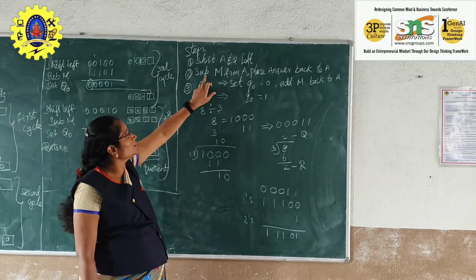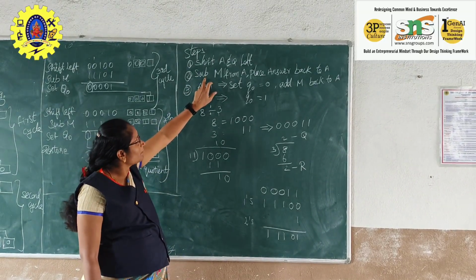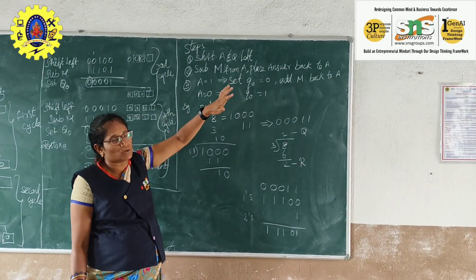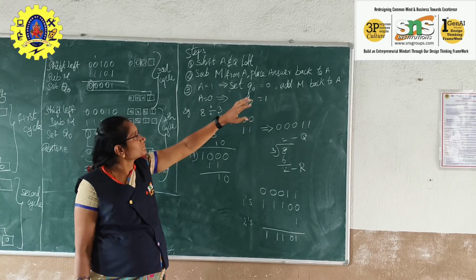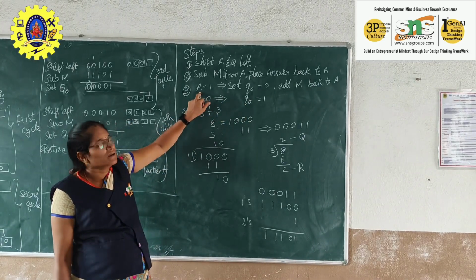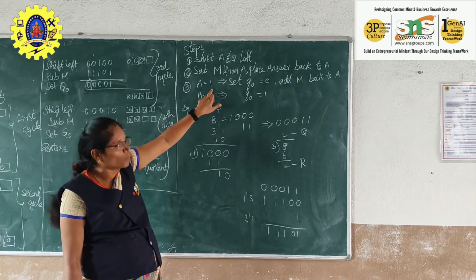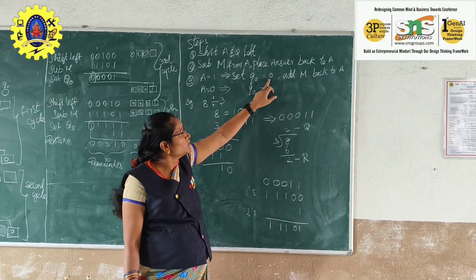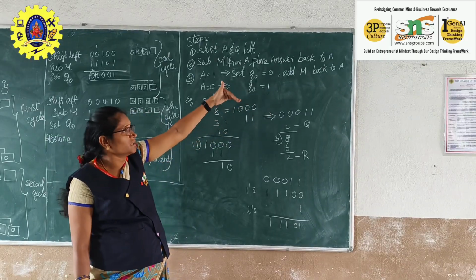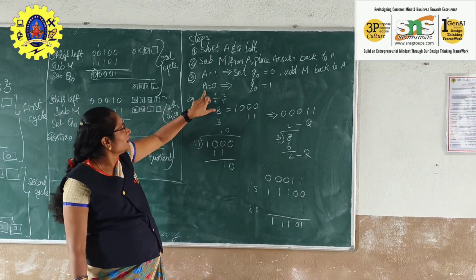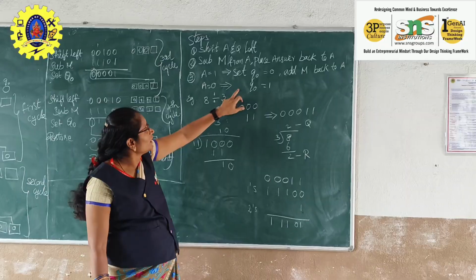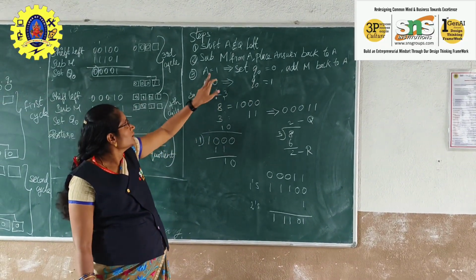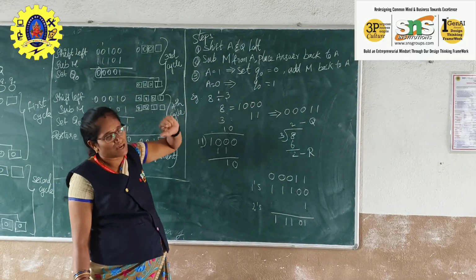Next, we have to do the subtraction: subtract M from A. Then if the sign bit of A is equal to 1, we set Q0 to 0 and restore the value of A. Otherwise, if the sign bit of A is 0, we set Q0 to 1. Here A refers to the sign bit.